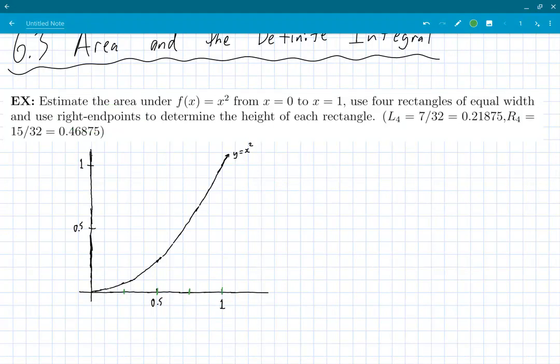So I will use this endpoint and go up to the function and then stop. And that will be the height of the rectangle that is drawn over that subinterval.